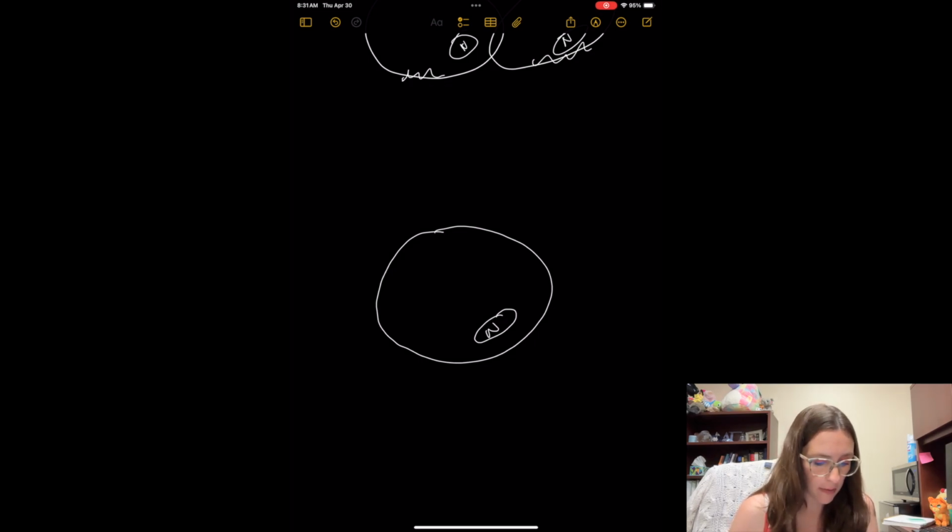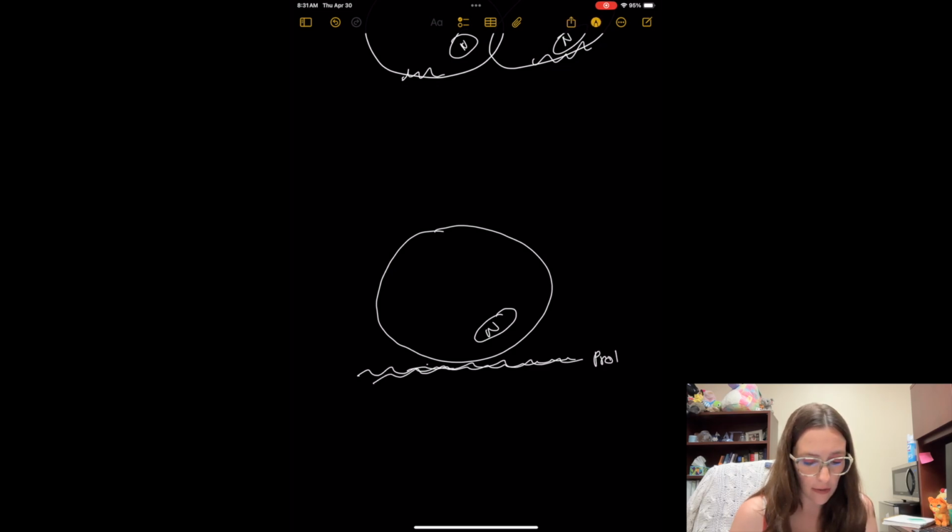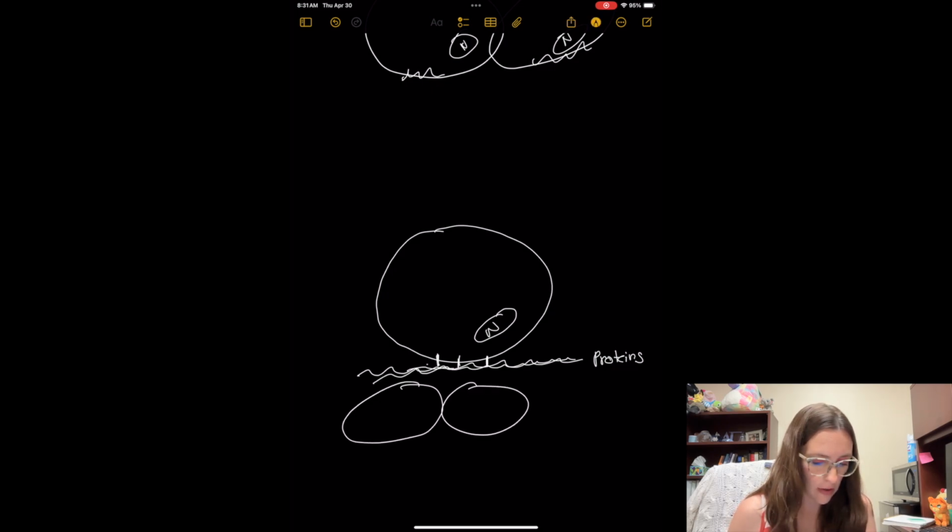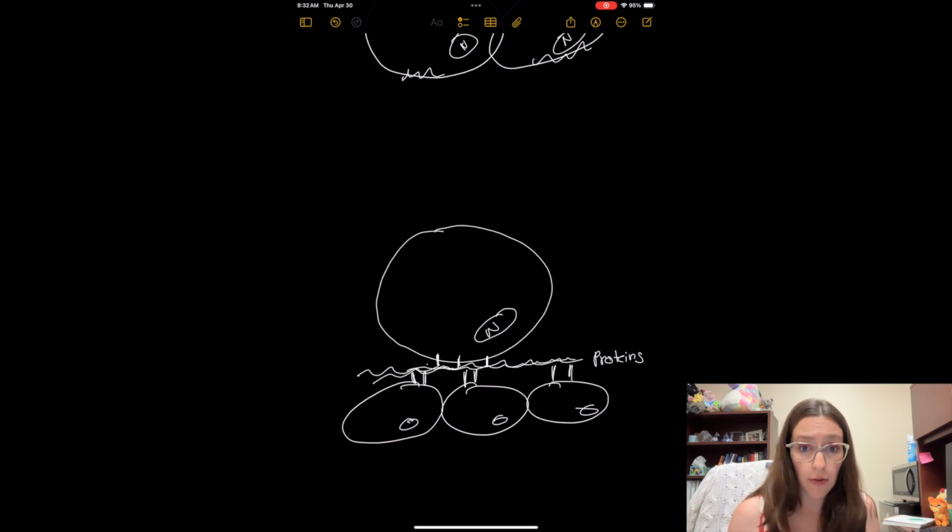And at the bottom of this cell, we'll find lots of proteins that are in the extracellular matrix that the cell can attach to. Okay? And then on the other side, you could have other cells who also could be interacting with that extracellular matrix, but in their own way, right? So these two components, that protein and that fluid, are going to play a very large role in how tissues function.